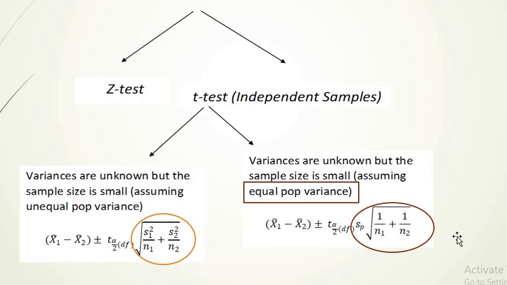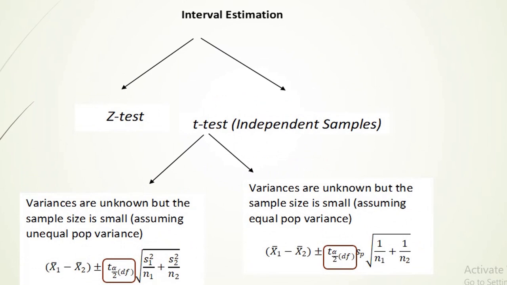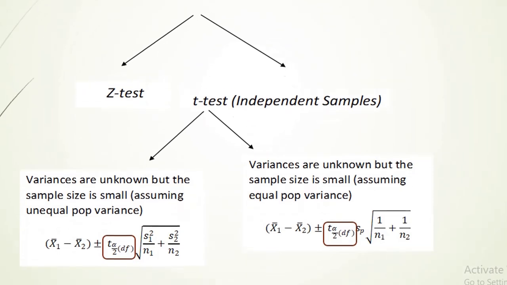It means we are pooling, merging, adding the information from two populations. So not only the standard error, but the degrees of freedom and t value also differ. We have already discussed what degrees of freedom are: basically the restriction placed in terms of parameters.